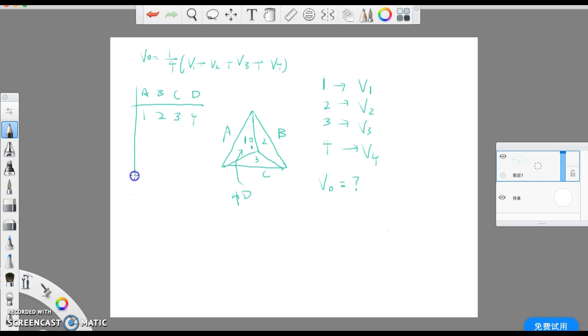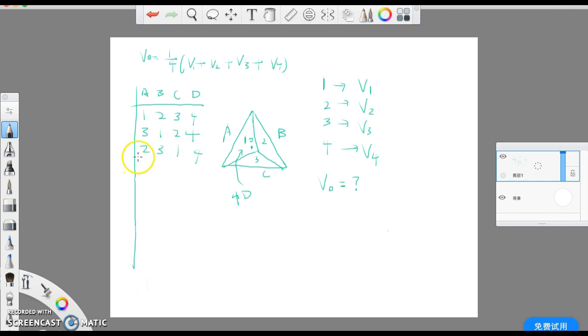Now if we fix face 4 to position D and then rotate 1, 2, and 3, then we can have 3, 1, 2, 4, and 2, 3, 1, 4. Those are the cyclic permutations of A, B, C, and 1, 2, 3.